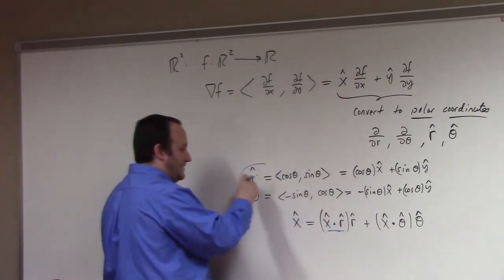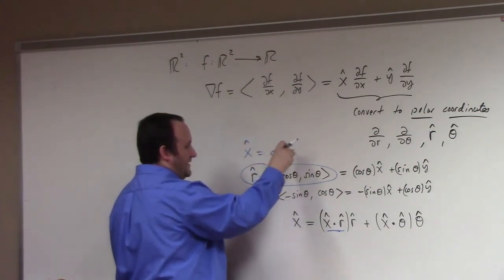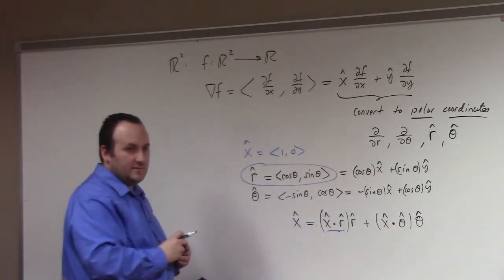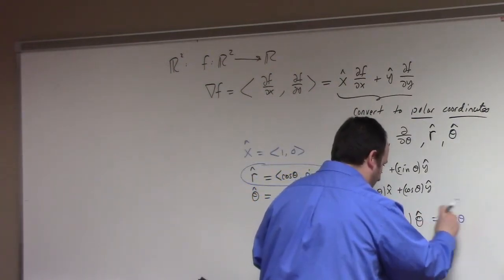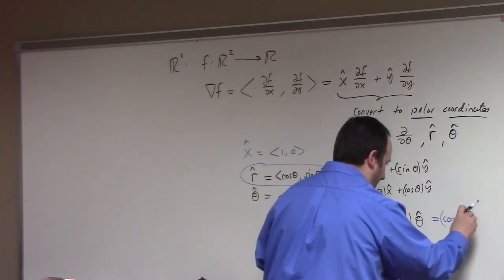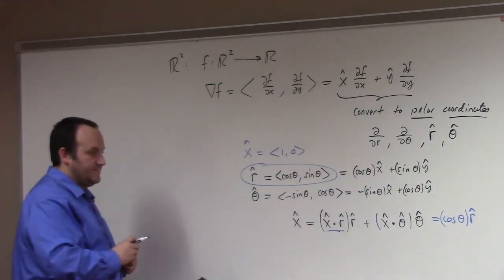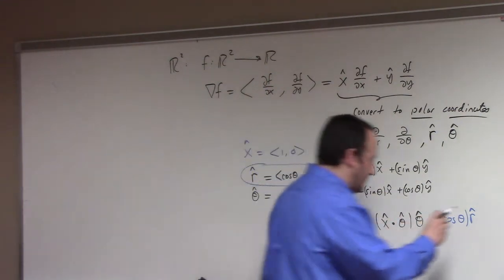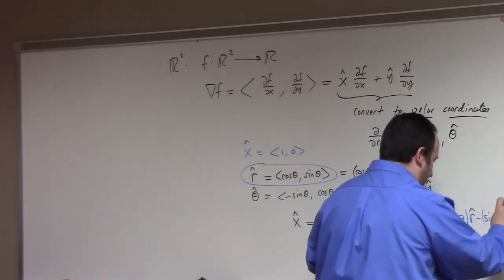Here's r hat right here. What's x hat? 1, 0. What's the dot product of those? Cosine theta, right? What's x hat dot theta hat? Minus sine theta, right? So x hat is cosine theta r hat minus sine theta theta hat.